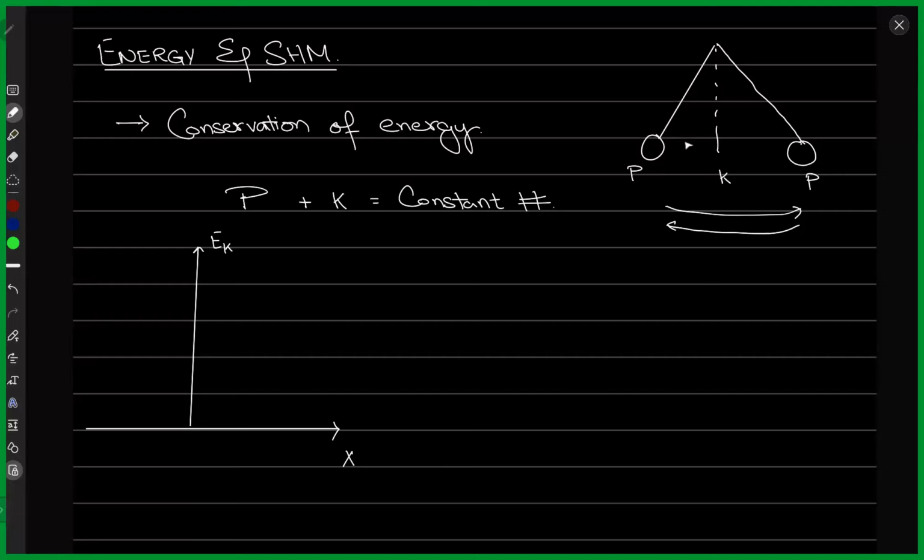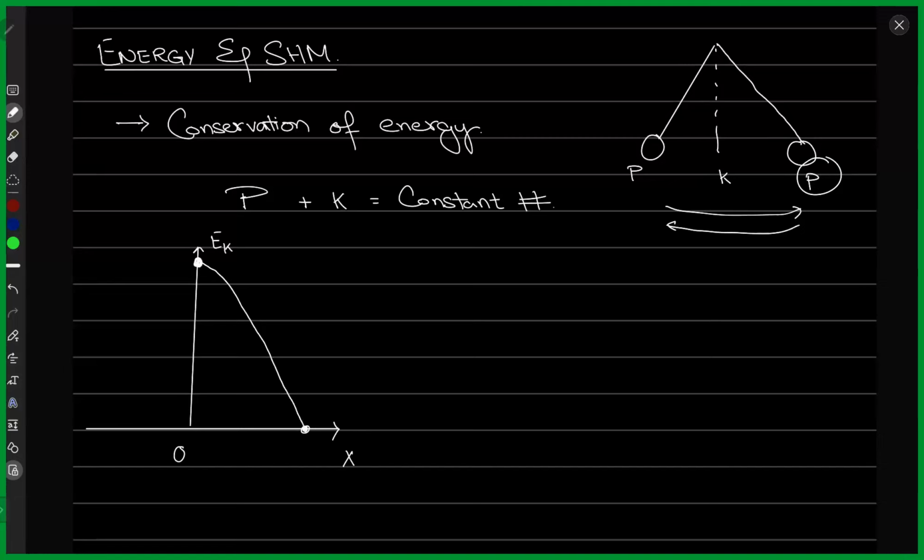So when the object is at its zero displacement, it's going to have a maximum value of kinetic energy. And as it oscillates, it is going to drop its kinetic energy and eventually come to zero at the maximum displacement, where the potential energy is now maximum. So this thing will look something like this.